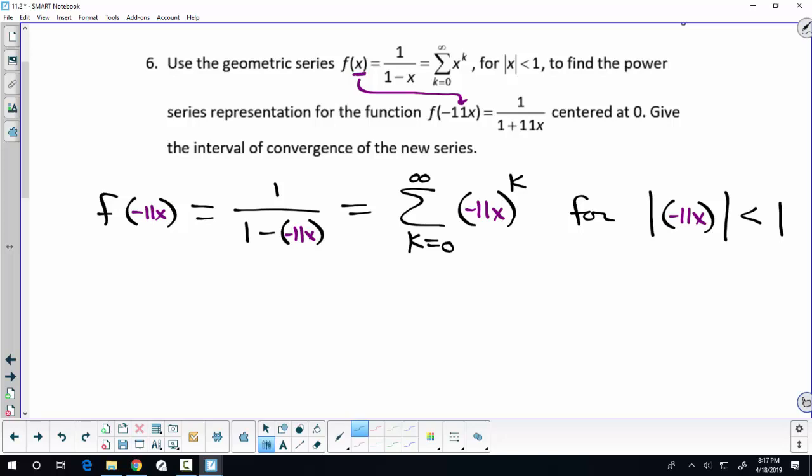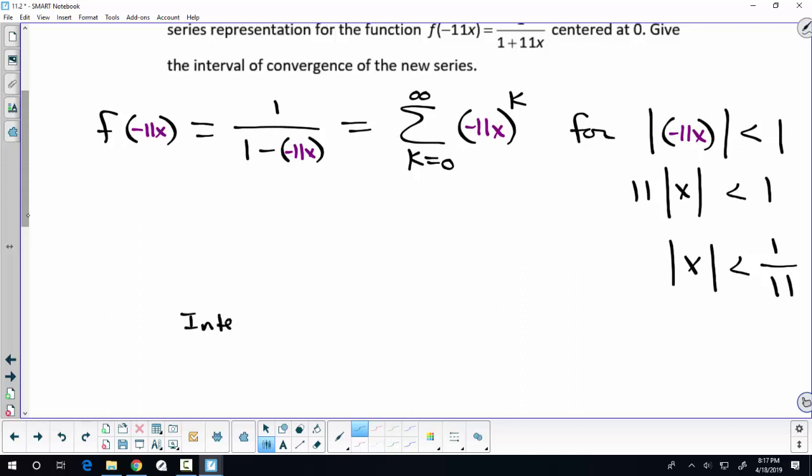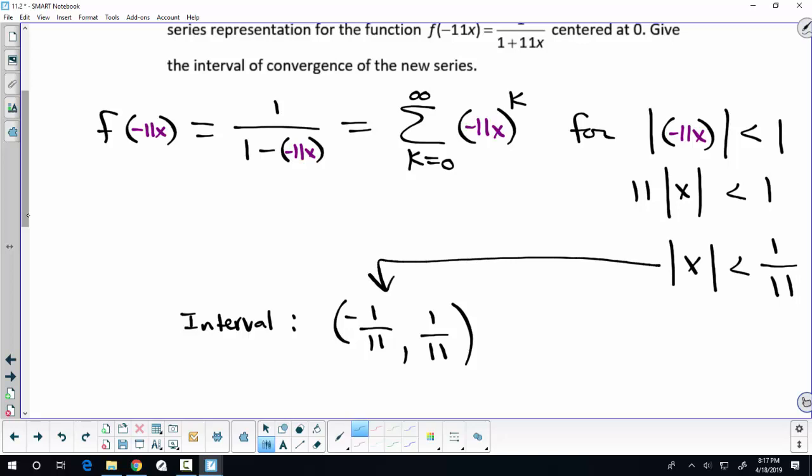It converges for 11 times the absolute value of x less than 1, which is the absolute value of x less than 1 over 11. The interval of convergence then is negative 1/11 to 1/11.